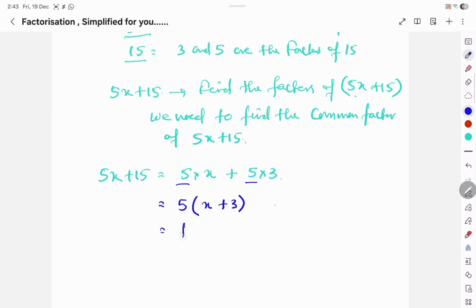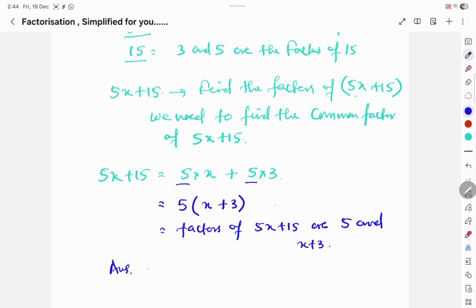So we can say factors of 5x plus 15 are 5 and x plus 3.